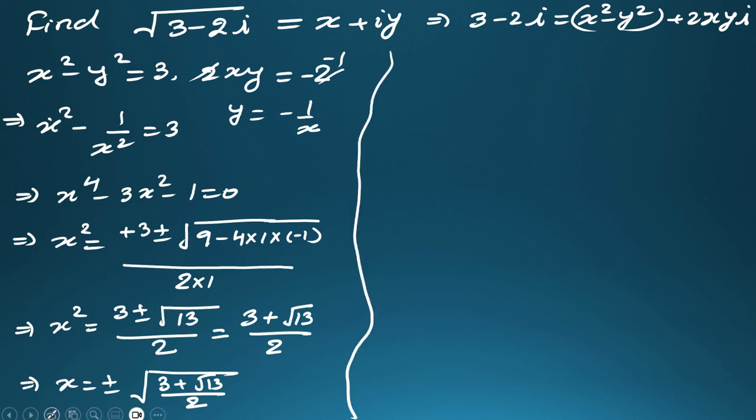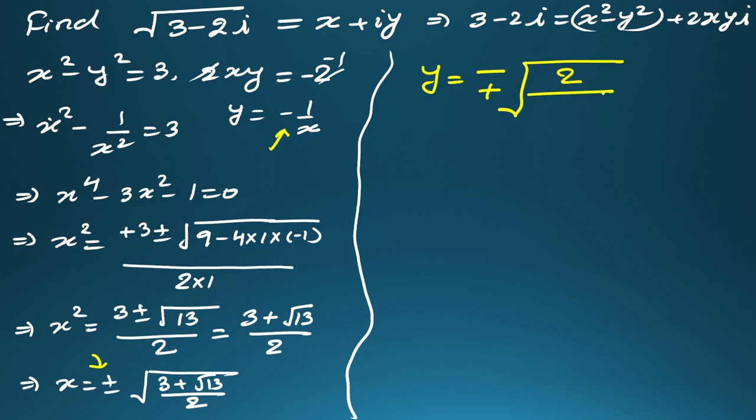The value of y you will find in the same way, but here you will see a trick also. y is minus 1 over x. Earlier x was plus minus, so y will become minus plus, because when x is positive then y will be negative, and when x is negative then y will become positive. So here it was plus minus, so the value of y will become minus plus, and its reciprocal because it is 1 over x, so square root of 2 over (3 plus root 13).